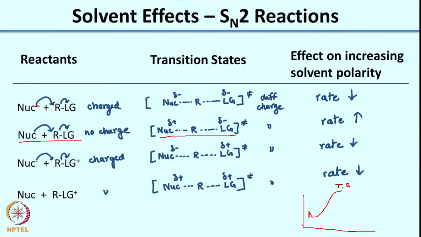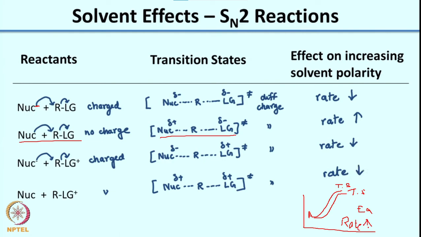Because it is neutral, there will be no change, but the transition state has a dispersed charge, so the energy will become slightly lower. Right, transition state. Now you can quickly observe here that the activation energy is getting decreased. So when the activation energy is low, that means the rate will become high. Rate increases.